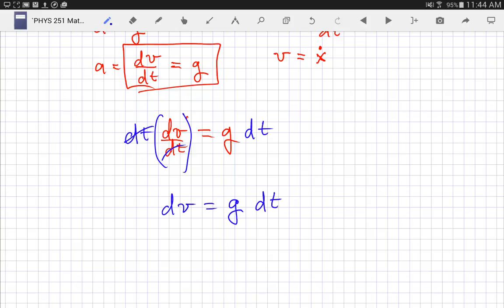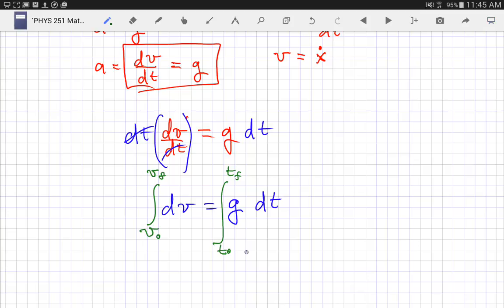So now I'm going to integrate, and I'll again change colors for the next step. I'll integrate this side from the speed I start with. We use a little 0 to mean the starting, and the speed I end with. And this side I will integrate from the time I started to the time I end. Now, if you read through chapter 1 of the textbook, you'll see that there is a simplification that we assume unless specifically told to do otherwise.